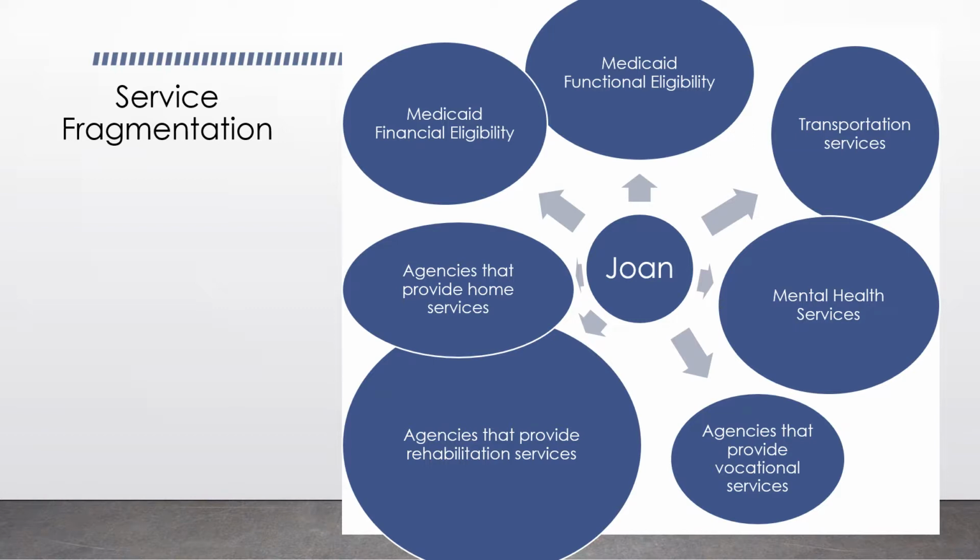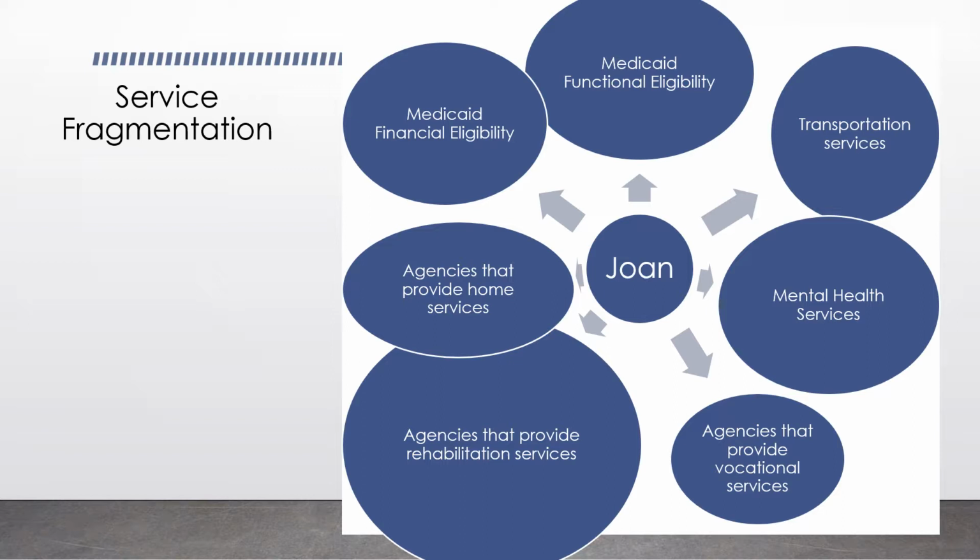Then there are all these other services and systems that are often disjointed that Joan, either by herself or with the help of a case manager, may have to negotiate. Transportation services are often run by one organization or another, or depending on what she's trying to get to, each organization may have their own transportation.